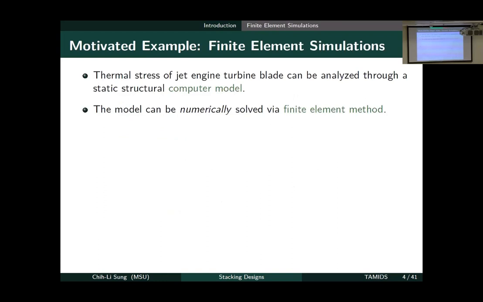So let me show you one example. This is a motivating example in this study. We would like to study the thermal stress of a jet engine turbine blade, which can be analyzed through a static structural computer model. This model can be numerically solved by finite element methods. In this study, we have two input variables of interest. One is pressure, one is suction.